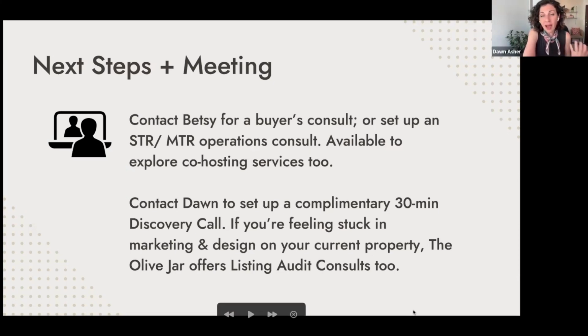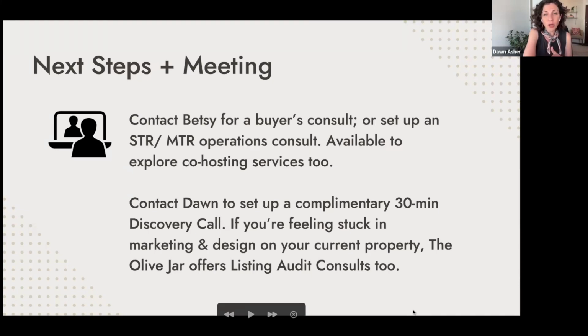If you have a current property where you're feeling very stuck, you're not sure if you need to fold the business or make some changes, and it's all very overwhelming, and you can't do a complete refresh at the moment, but want some baby steps or a roadmap to help you along the way, we actually do listing audits.